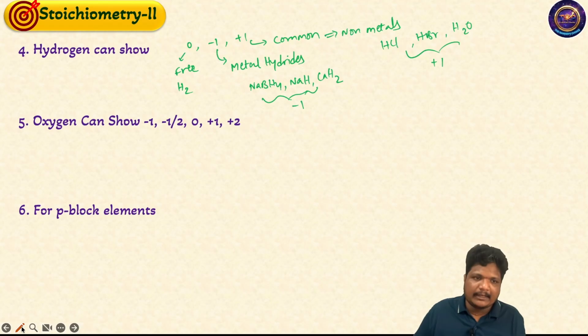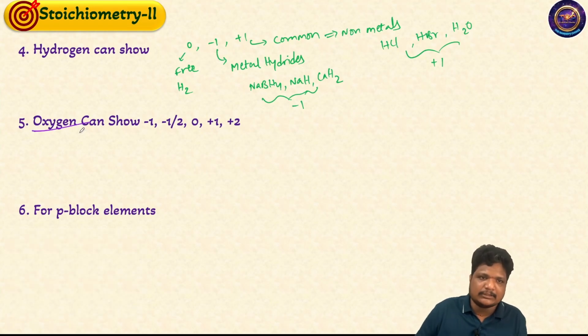Now coming to oxygen, oxygen shows minus 1 oxidation state, minus 1 by 2 oxidation state, 0 oxidation state, plus 1 oxidation state and plus 2 oxidation state.